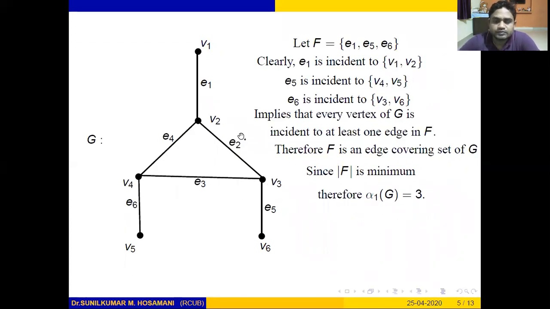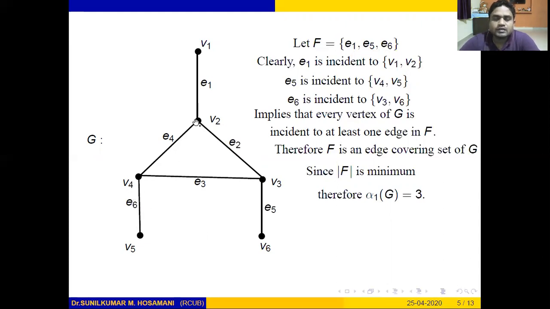Now look at this graph. Again, the same graph here. Here I am taking a subset of an edge set. Let F equal E1, E5 and E6. You can see that E1 is incident with V1 and V2, E5 is incident with V3 and V6, and E6 is incident with V4 and V5.